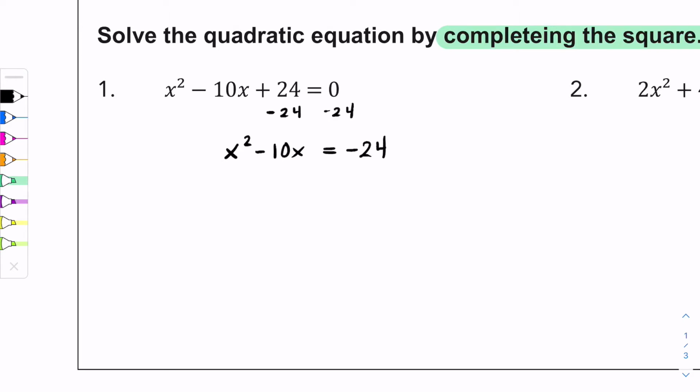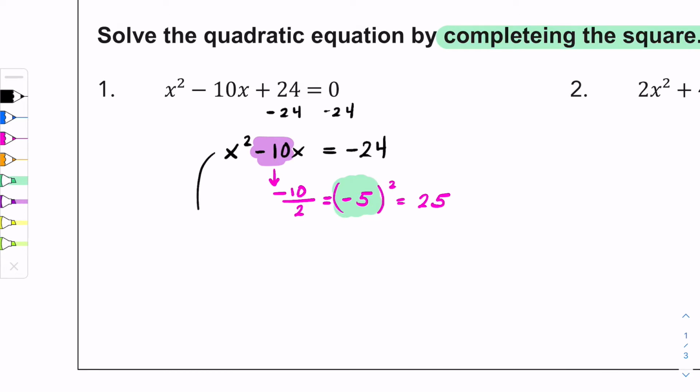At this point, you take the middle term, or your bx term, you divide that term by 2. Negative 10 divided by 2 is negative 5. Then you square this value. Negative 5 squared is 25. Remember that this number is a significant number. We're going to use that later in our equation.